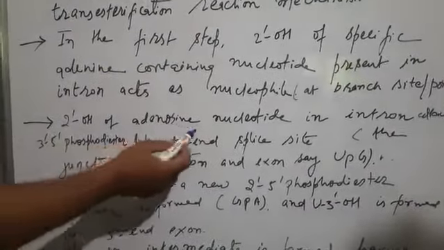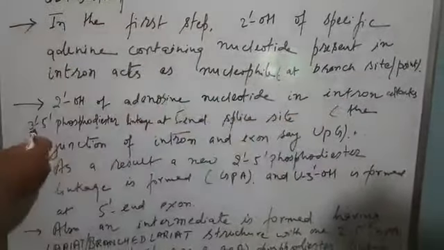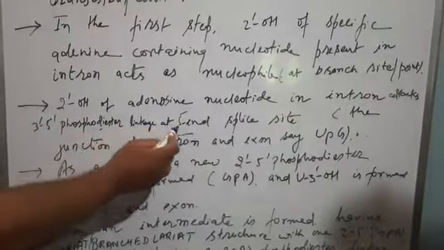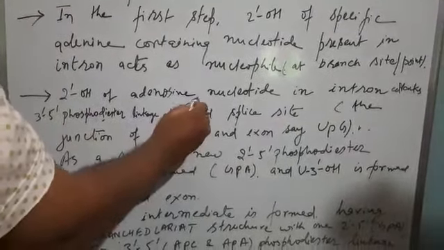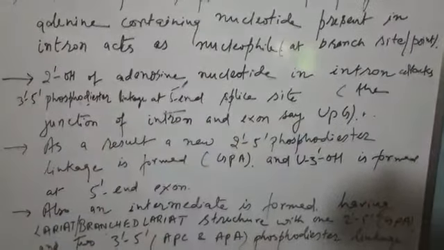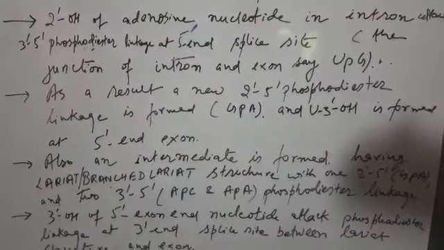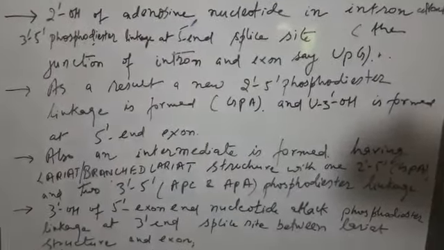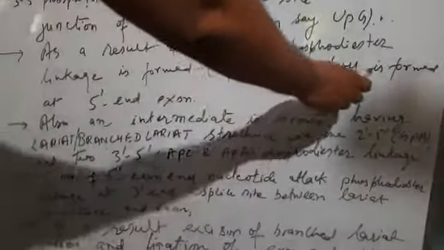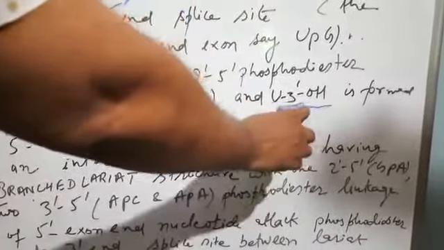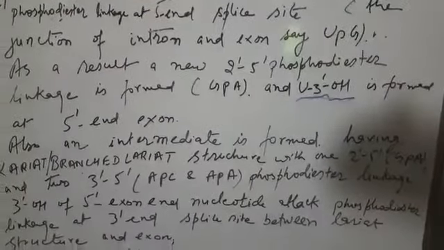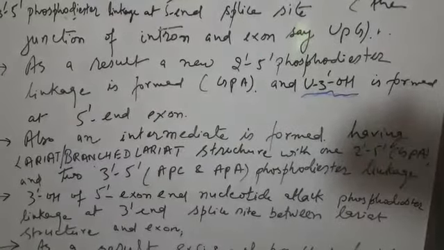The 2' OH of the adenosine nucleotide in the intron attacks the 3', 5' phosphodiester linkage at the 5' end splice site, that is the junction of intron and exon, say uracil phosphodiester G. As a result, a new 2', 5' phosphodiester linkage is formed between guanine and the adenine containing nucleotide, and at the 5' end exon you have a free OH group, that is 3', which acts as a nucleophile in the second step.